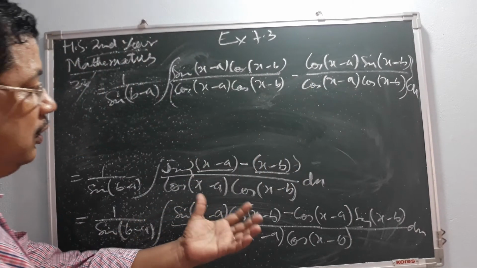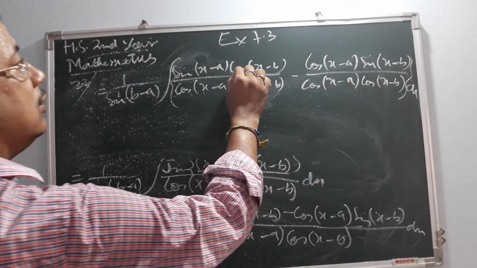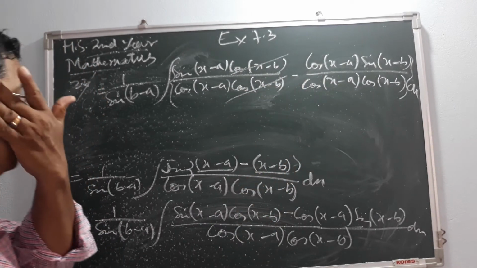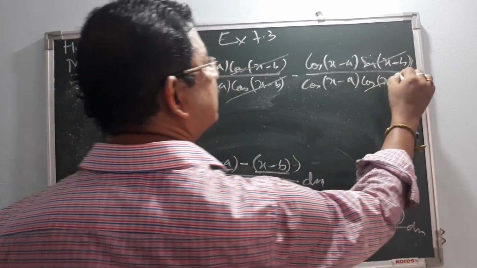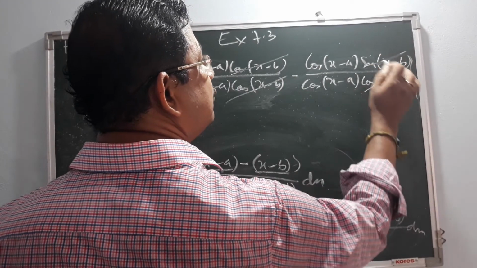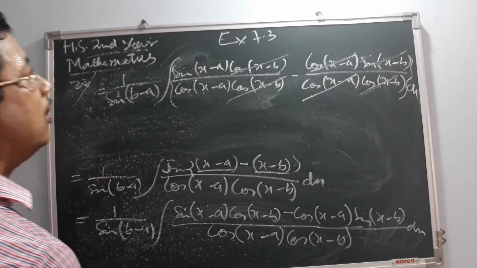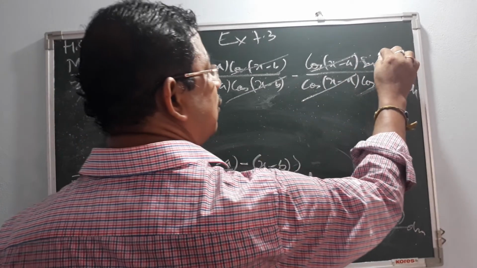So I have isolated this one. So one thing, cos x minus b and cos x minus b can cancel. Not only this, there also we can cancel cos x minus a, this one.